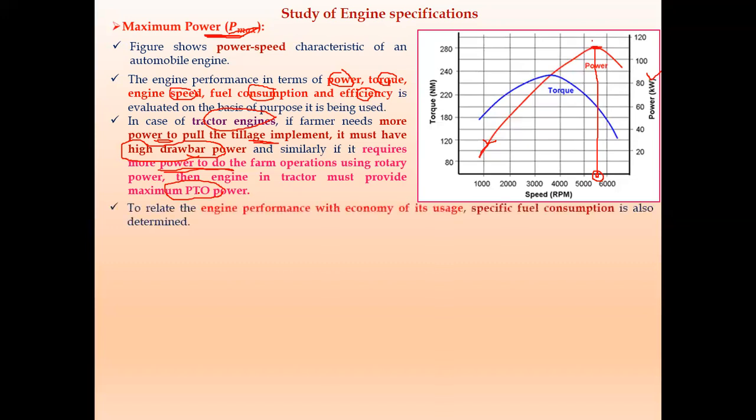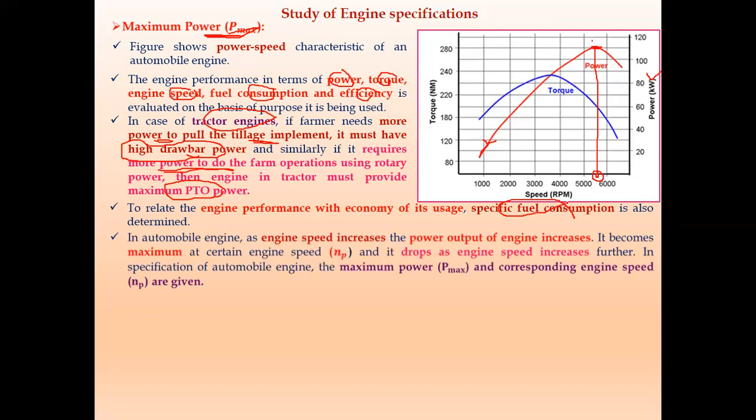Next, to relate this engine performance with economy of usage, the next important parameter is called specific fuel consumption. So this specific fuel consumption is determined to measure the economy of the usage of the fuel, and also the engine performance.